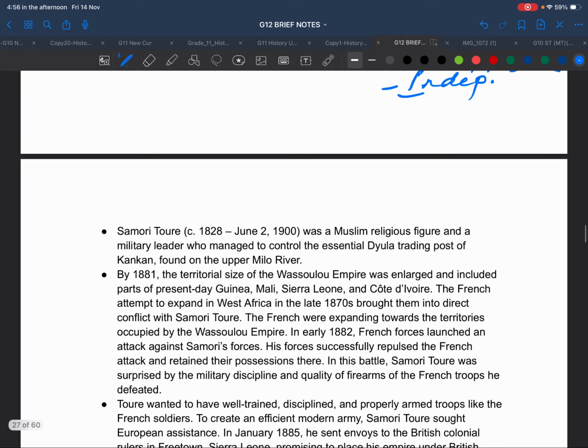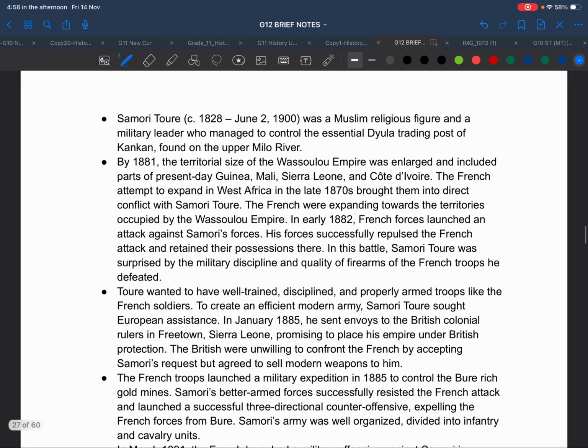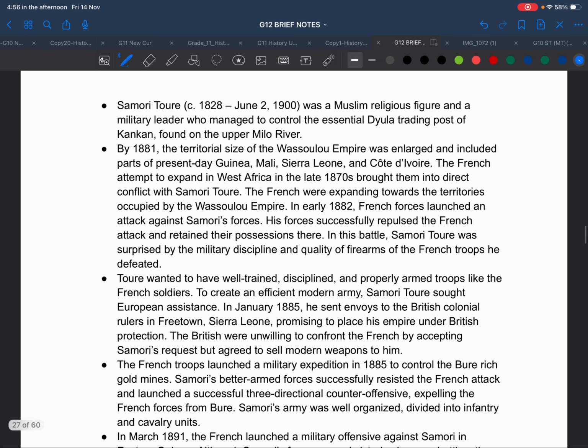He was a Muslim religious figure and a military leader who managed to control the essential Dyula trading post of Kankan, found on the upper Milo River. His empire included Guinea, Mali, parts of Senegal, the Niger area. He was a notable emperor.